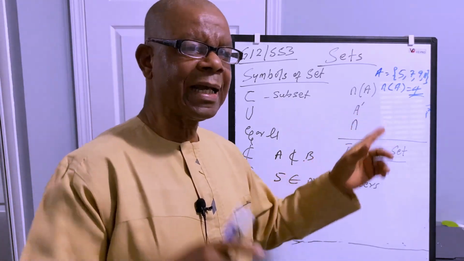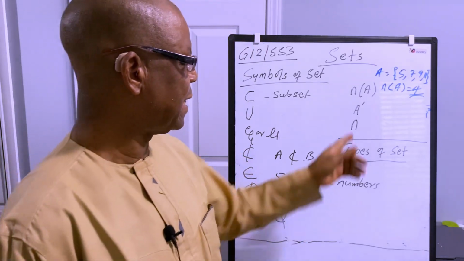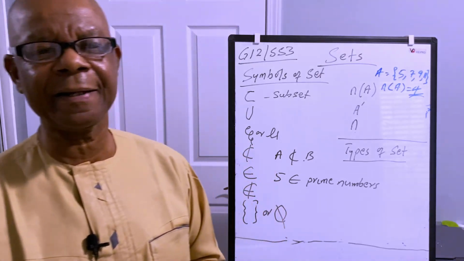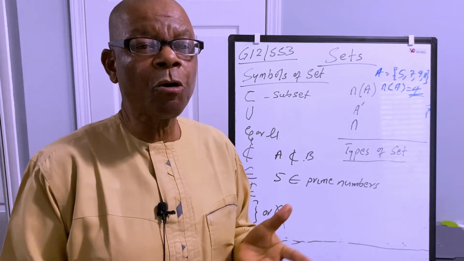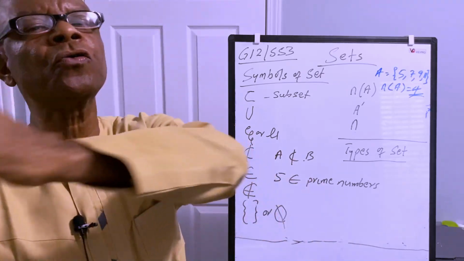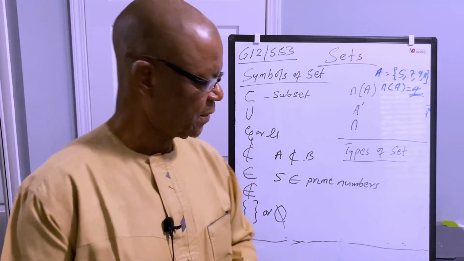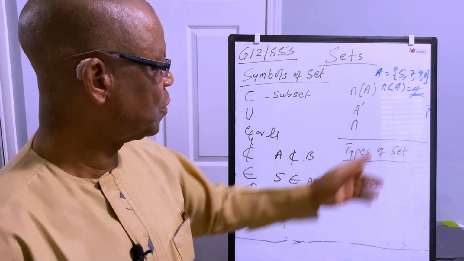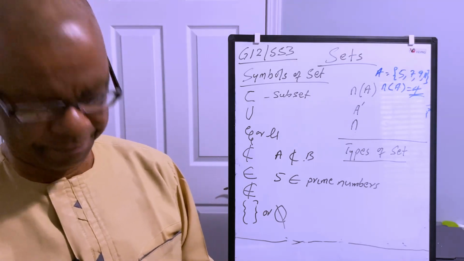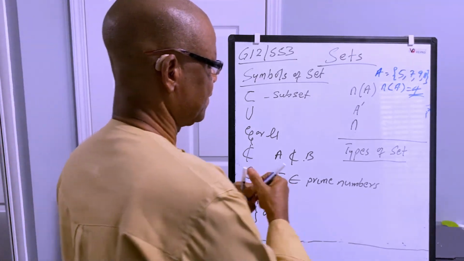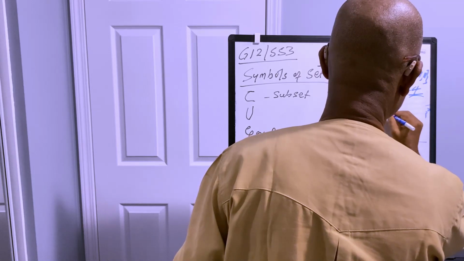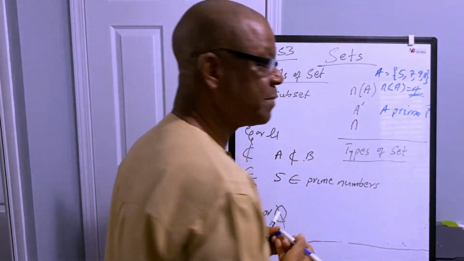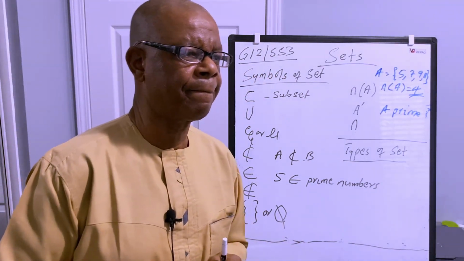So all the elements in that universal set that are not in set A are known as the complement of A. Like I said before, it is the makeup, making it equal to the universal set. We call it the complement of that very set, but we pronounce this as A prime. This is A prime, but what it means is the complement of set A.